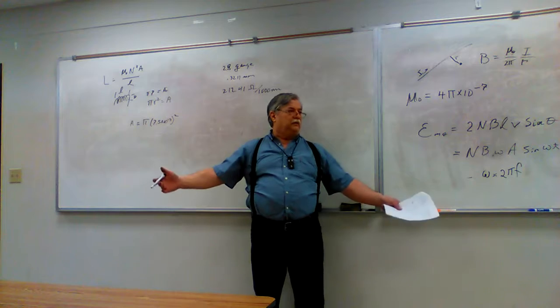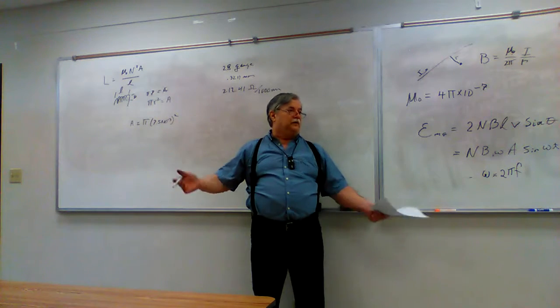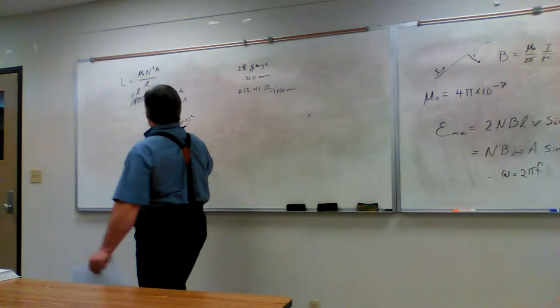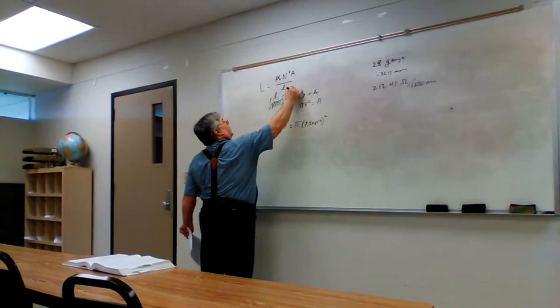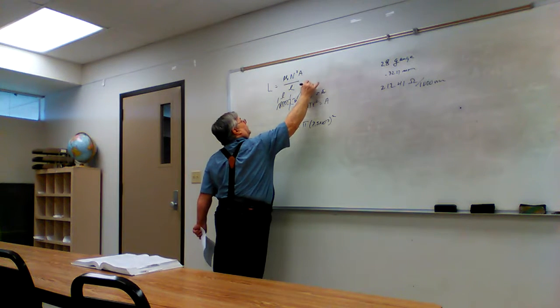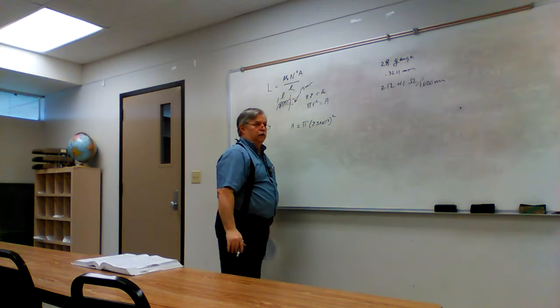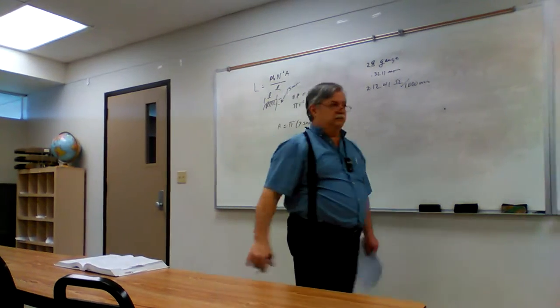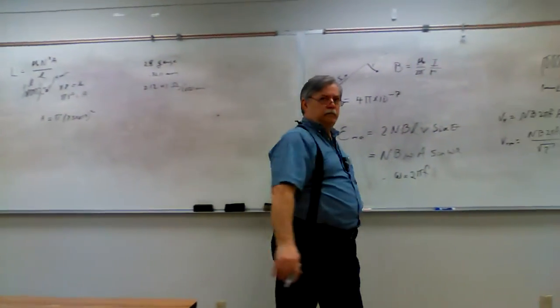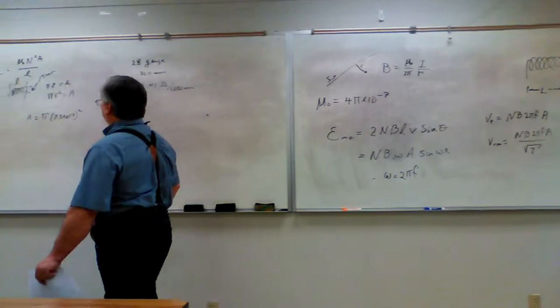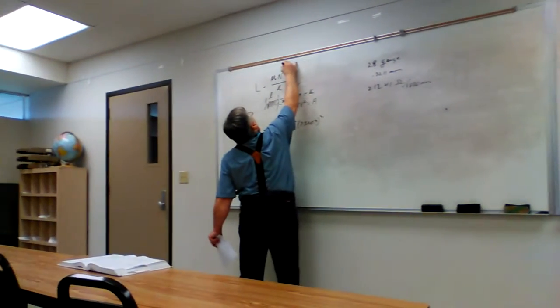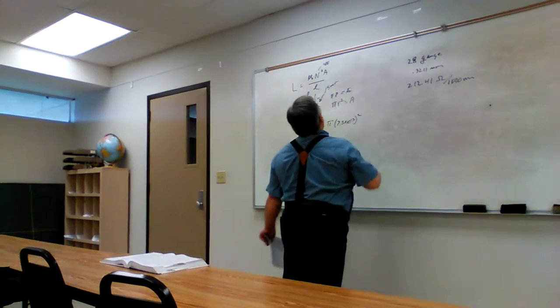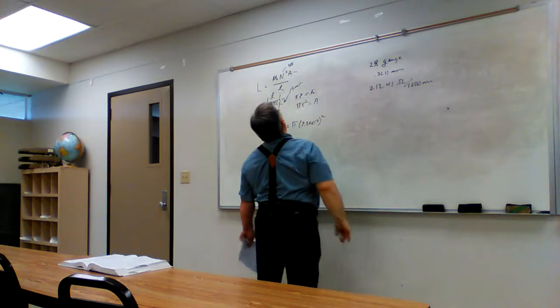I'm just making up an inductor. You're going to make an inductor that has a diameter of 15 millimeters, and you're going to make it out of 100 turns. So N is 100. Here's your area.